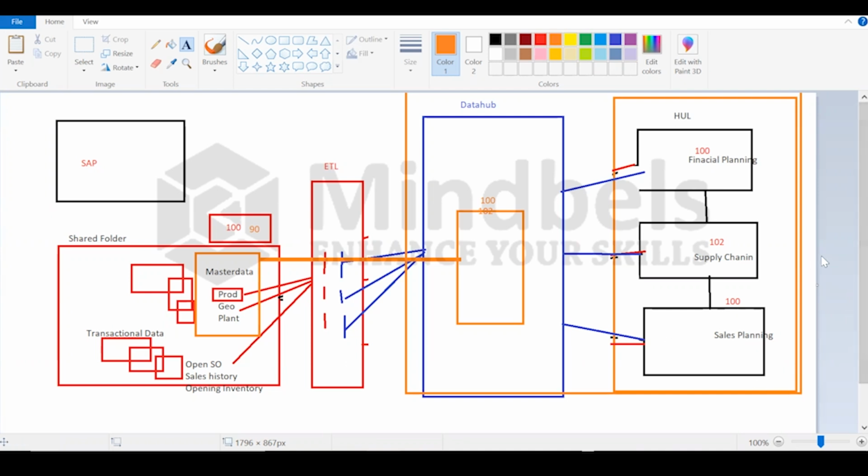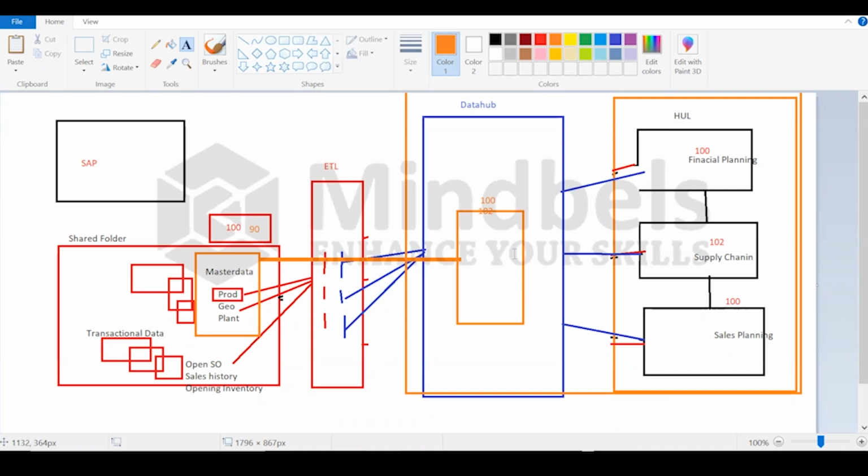The first requirement is validation. If the source file has 100 products, then the spoke model has only 1 or 2 products, and you keep depending on the specific ecosystem people. For that reason, for validation purposes, we create this model and dump all this data into the data hub model.